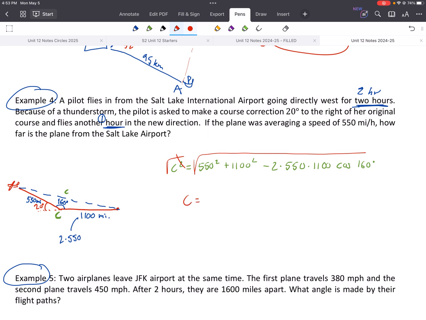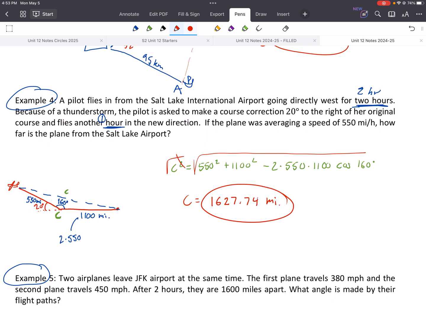Again, maybe pause if you need to, see what you end up getting. Okay, but I end up getting 1,627.74 miles. All right, so it's a little bit longer than it would have been originally.